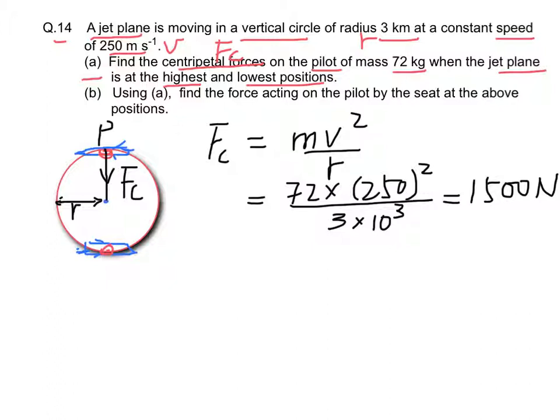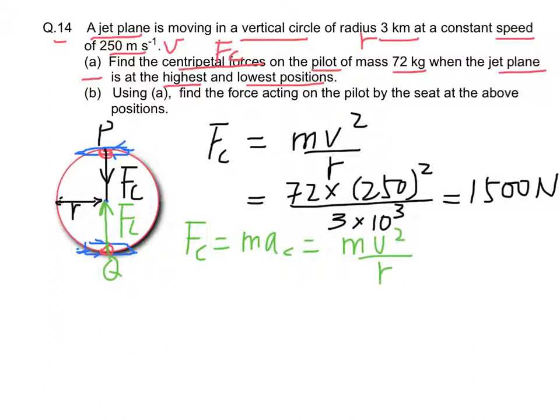Similarly, when the jet plane is at the lowest point Q, the centrifugal force acting on the pilot is still pointing towards the center, which is upward. Fc, by definition, is equal to mac, which is equal to mv squared over r.